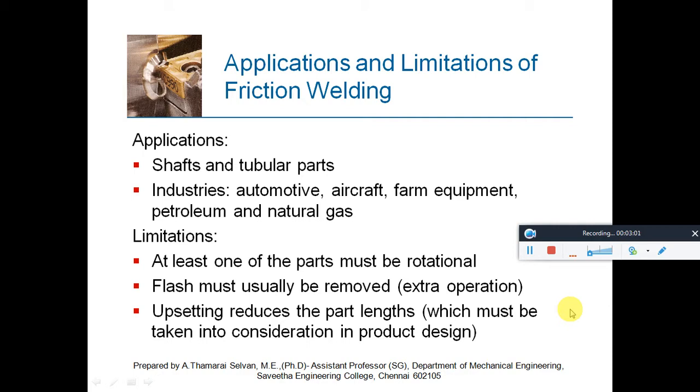There is an extra operation required, and the offsetting reduces the part's length, because at the meeting surfaces, because of the melting at the joints and the coagulation, a reduction in the length of the workpiece will happen. So we have to take care at the product design stage of how much should be reduced and how much length has to be initially considered.